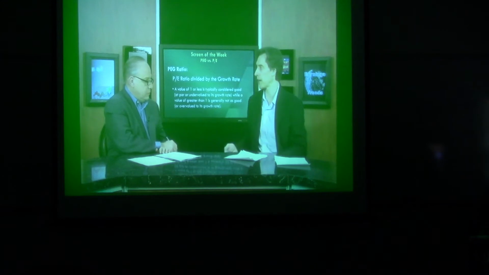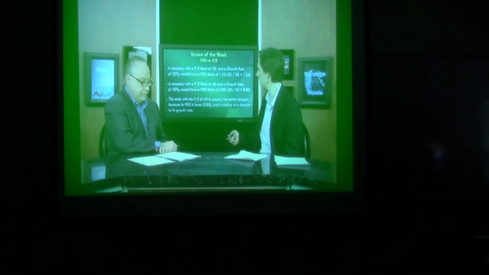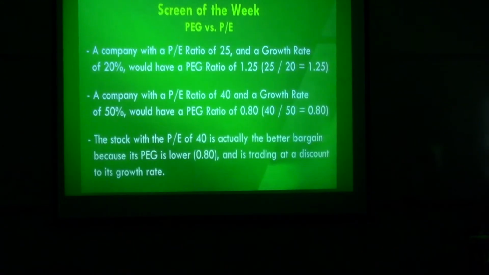Okay. But here's some examples on how you would use it in practicality. For example, a company with a PE ratio of 25 and a growth rate of 20% would have a PEG ratio of 1.25. So you take your 25 PE divided by your 20% growth rate, that's how you get your 1.25.